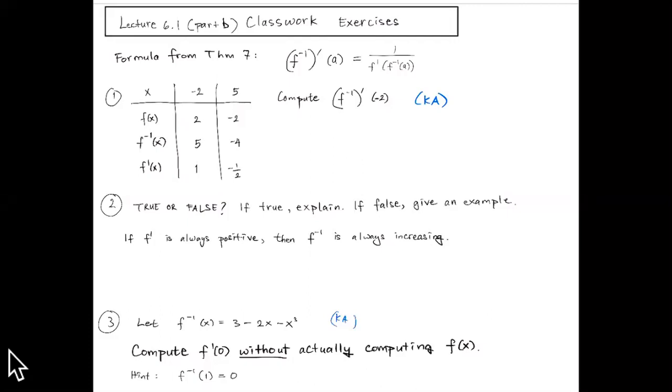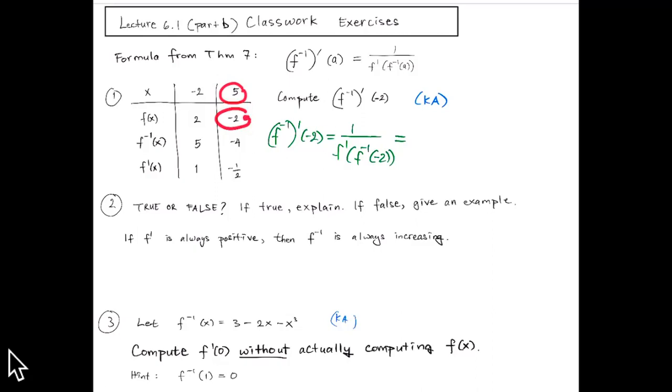We did these exercises in breakout rooms. When I wrote KA, that means I took them from Khan Academy. So for this first question, I can use the formula directly. I see that f of 5 is equal to negative 2.